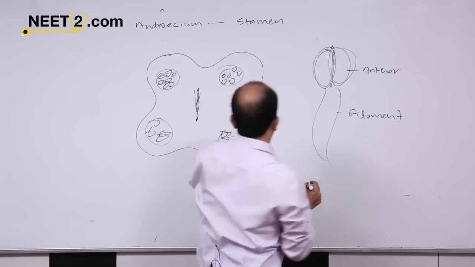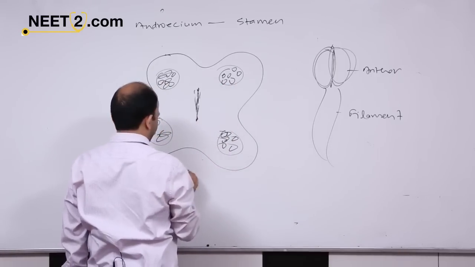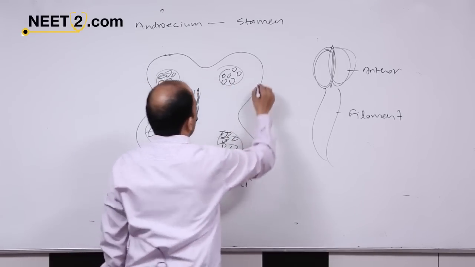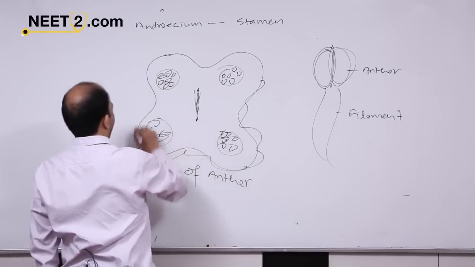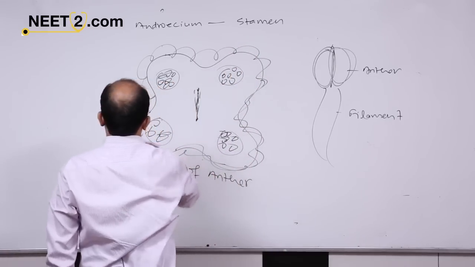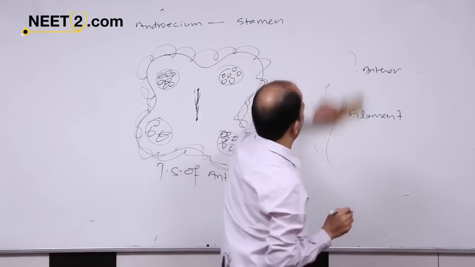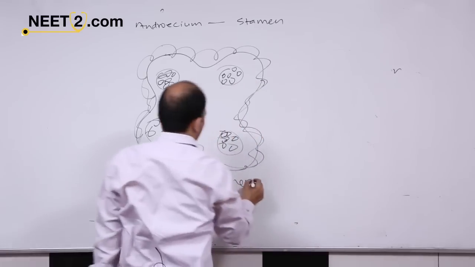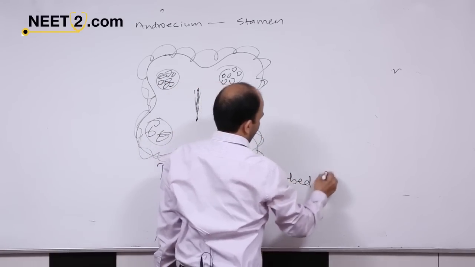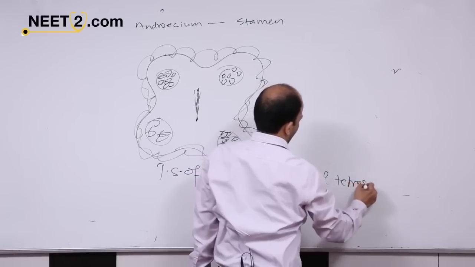So here this is the TS of anther. Here will be the anther wall. From this TS of anther we can say most of the anthers are bilobed, two lobes, and tetrasporangiate.